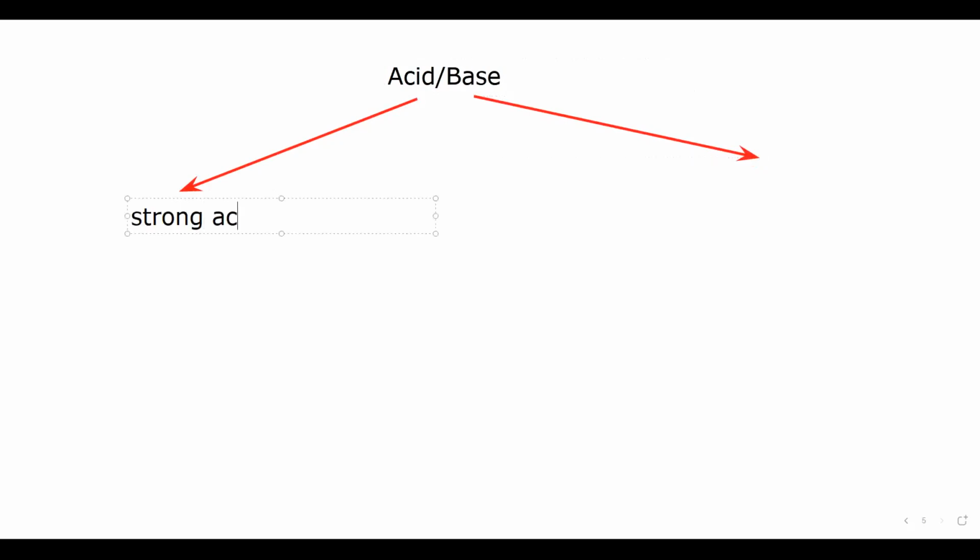Then what is the concept of strong acid and strong base, or weak acid and weak base? So the acid or base can be a strong acid or it can be a weak acid or weak base. What is the concept of strong acid?